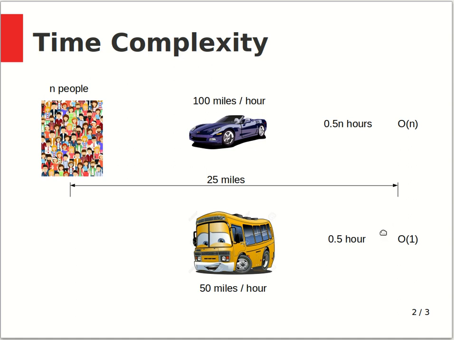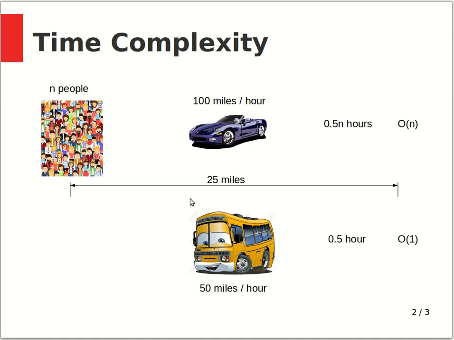So let's look at the time complexity, how long it's going to take for this two-seat sports car to move this many people. It's 25 miles, but every time you move one person, you have to go back and forth, one round trip. That's 50 miles.